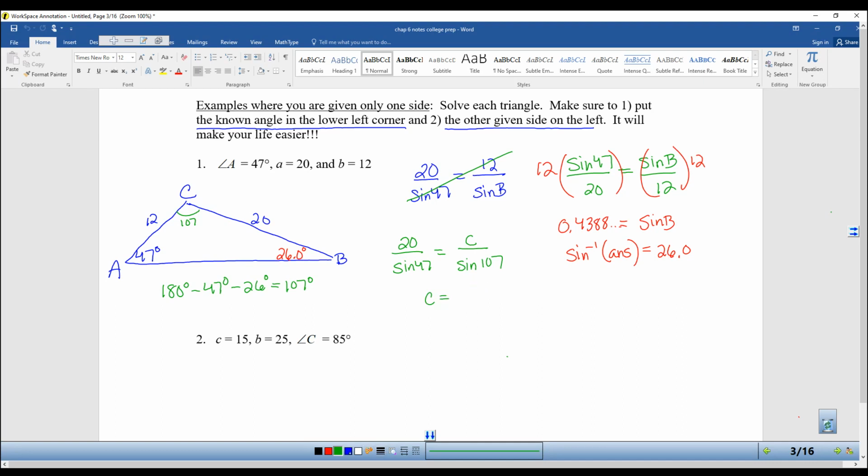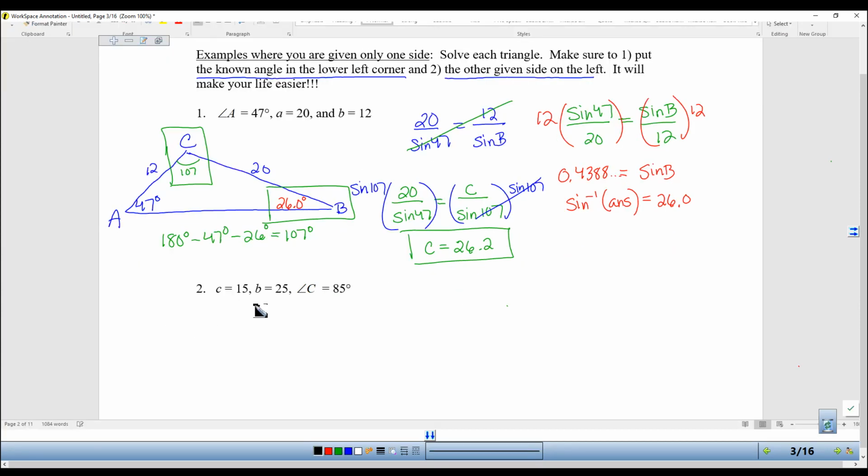And when you multiply both sides by sine of 107, you can get that C by itself. And if you do that on your calculator, C will come out to be 26.1516, which rounds to 26.2. So there's all the pieces that I found.